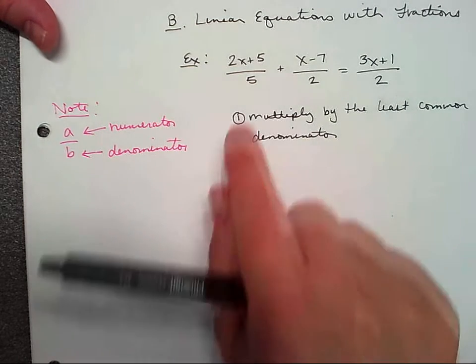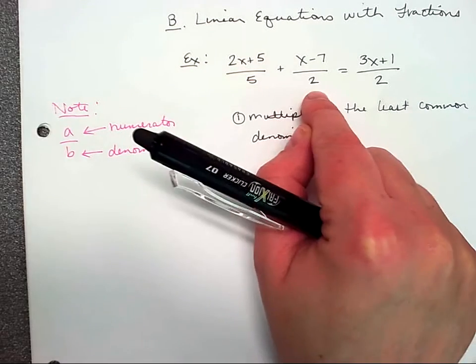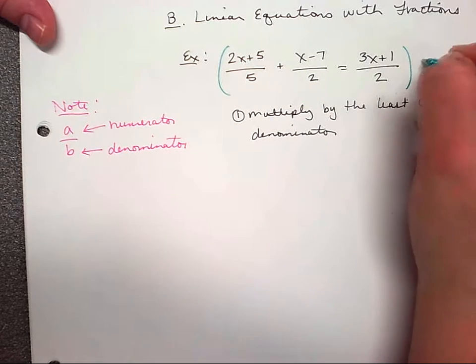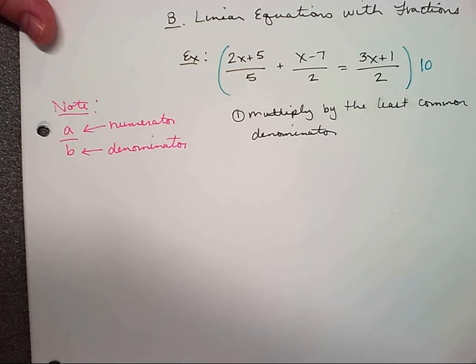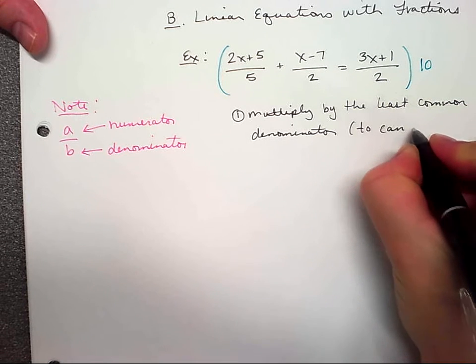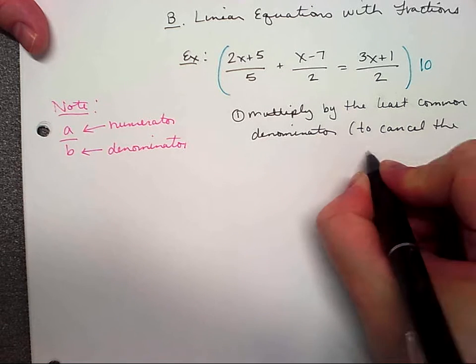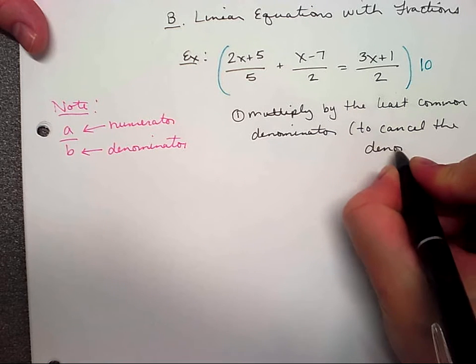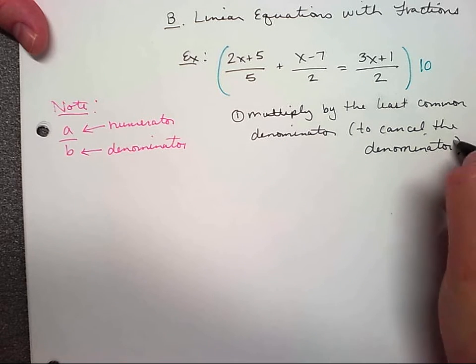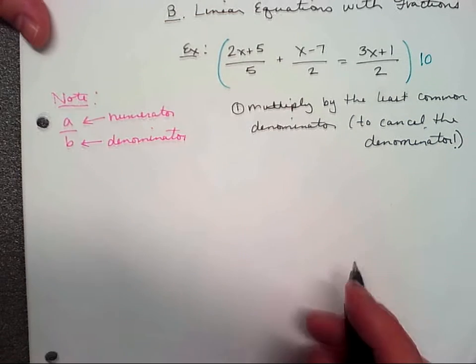So we can multiply it by 10. If I multiply 2 times 5, that's 10, right? So I'm going to multiply the entire equation by 10. And the goal of multiplying by the least common denominator is to cancel the denominator. So let me write that. To cancel the denominator. That's the goal.